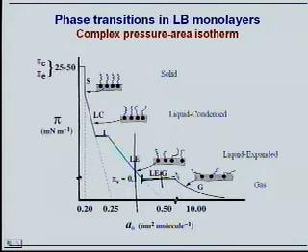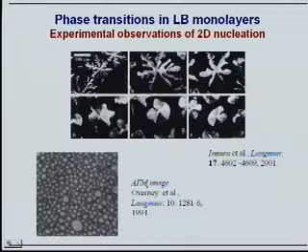In this case, it just starts liquefying. Between this point and this point, you have this case here where some of it is liquefied. So this is a two-dimensional liquid droplet, or crystal, depending on where you are. And this is gaseous surfactant around, which you don't see.